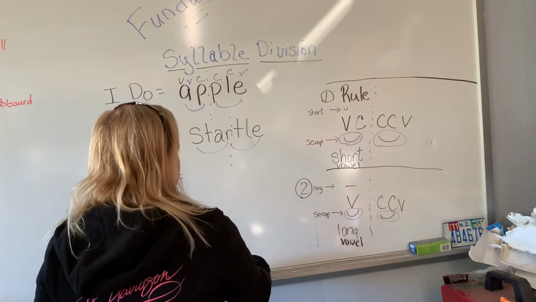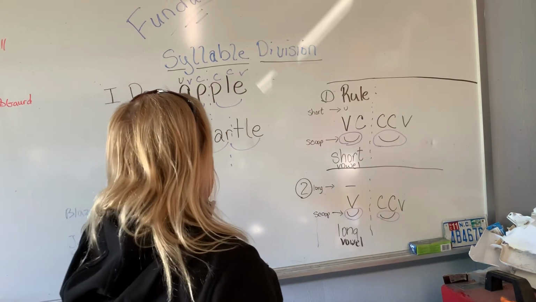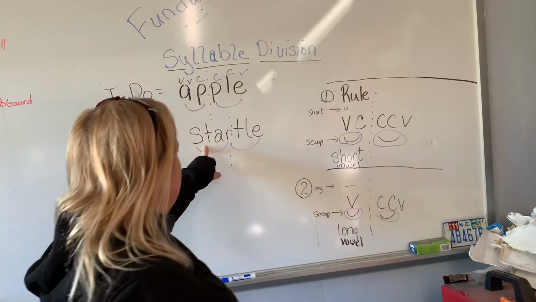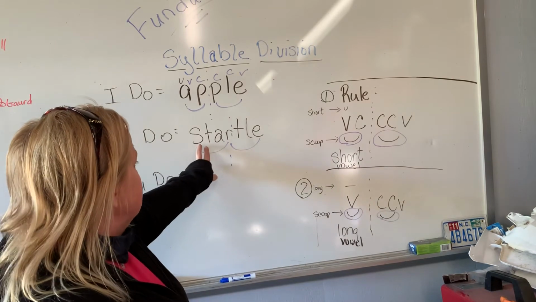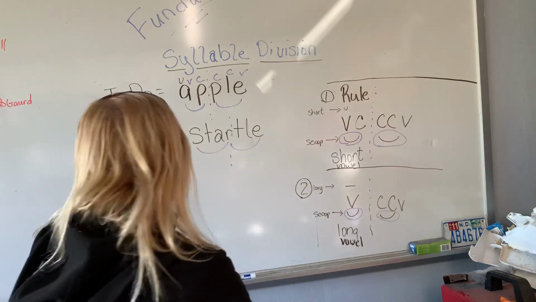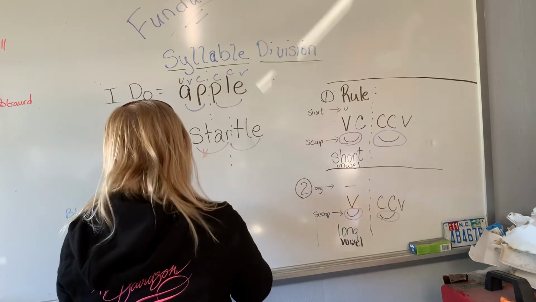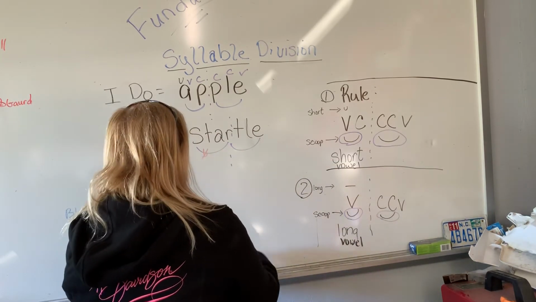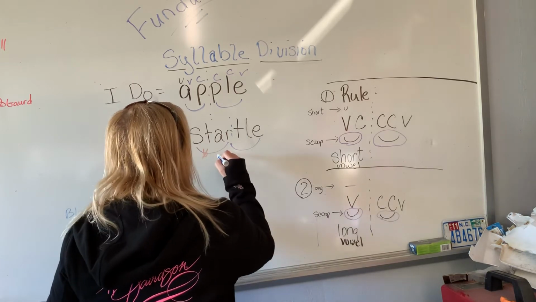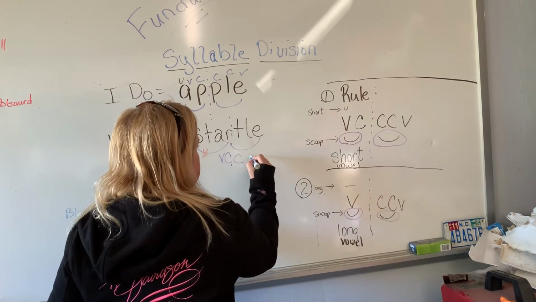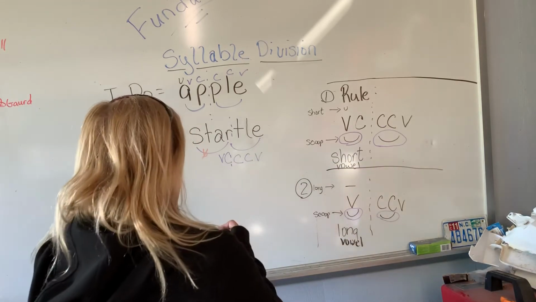Okay, so here I have a blend. So my blends are going to go together. And I have, that's a different color, I have a vowel, a consonant, consonant, consonant, vowel.